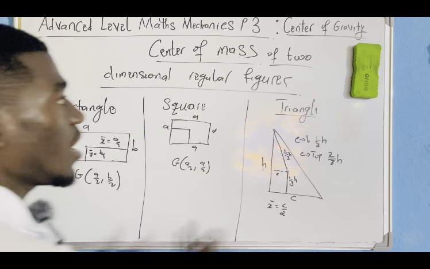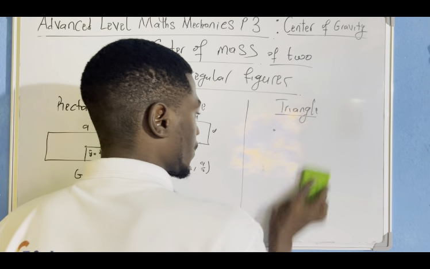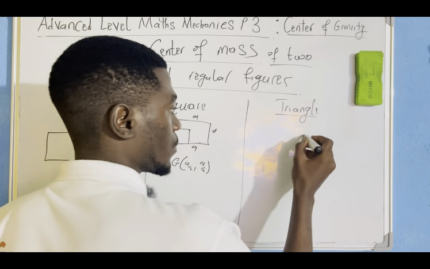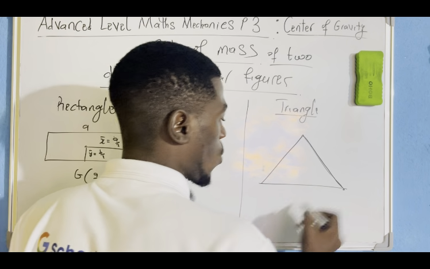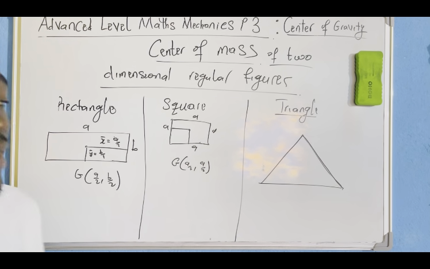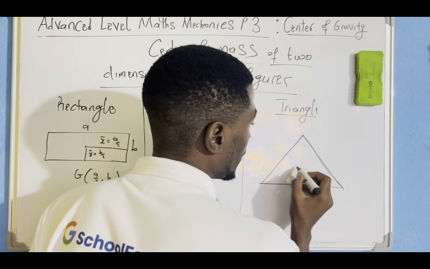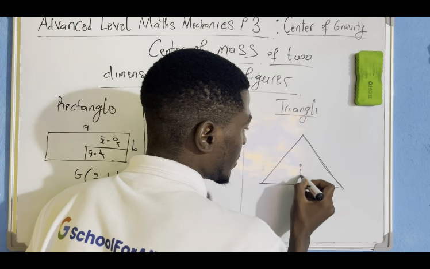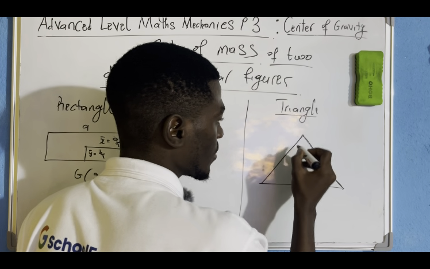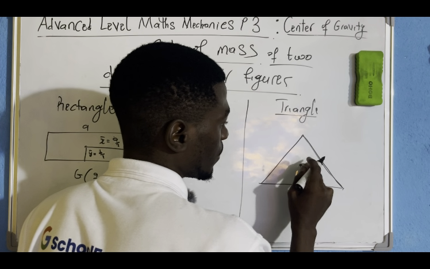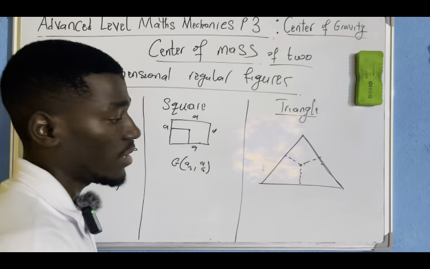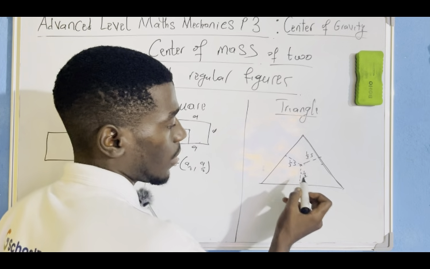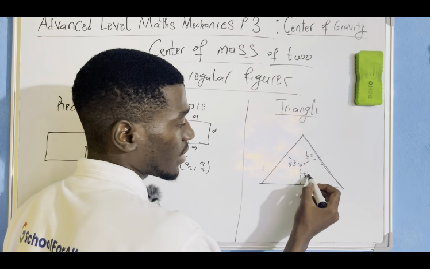Now, if I have an equilateral triangle, we know that an equilateral triangle is a triangle where all the sides are equal. It means that all the sides are like the bases. If this is my center, the distance from the center to the base is 1/3 the height.